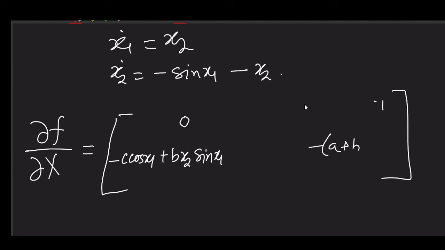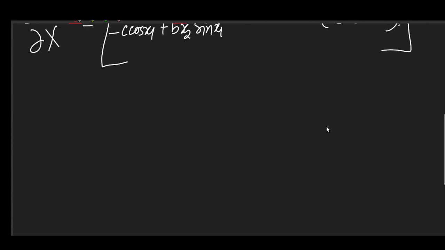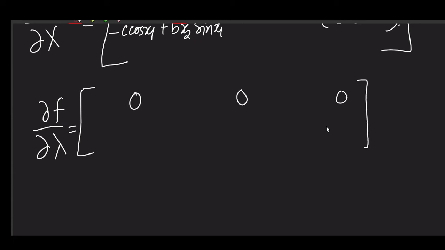You will get, and obviously another part you will have. Now, as your f1 is independent of parameter, there will be no reflection of it.